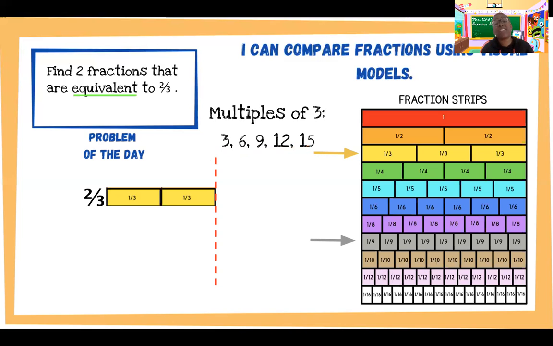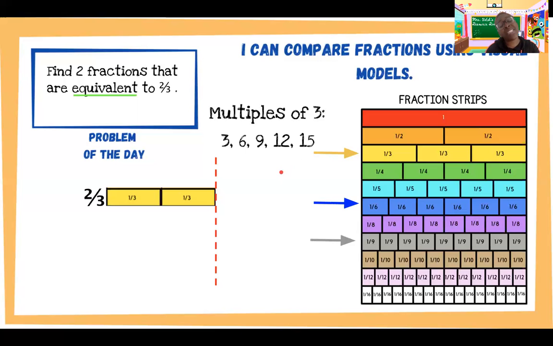So we already have 2/3, which was our fraction with a denominator of 3. And so which fraction are we going to take a look at next? That's right, the one with the denominator of 6. We need to figure out how many 6 pieces are equivalent to 2/3.